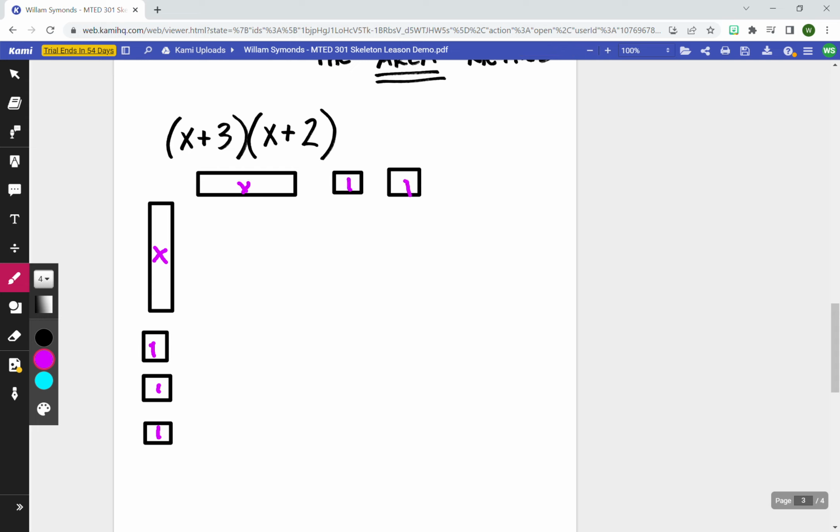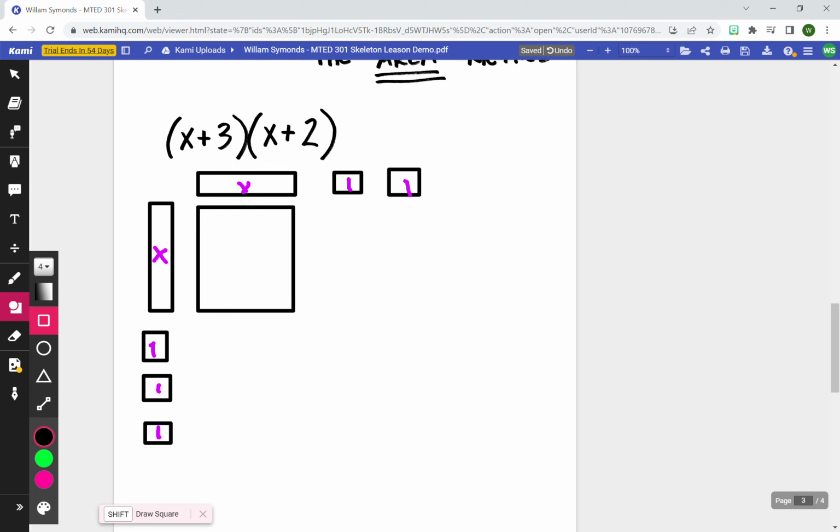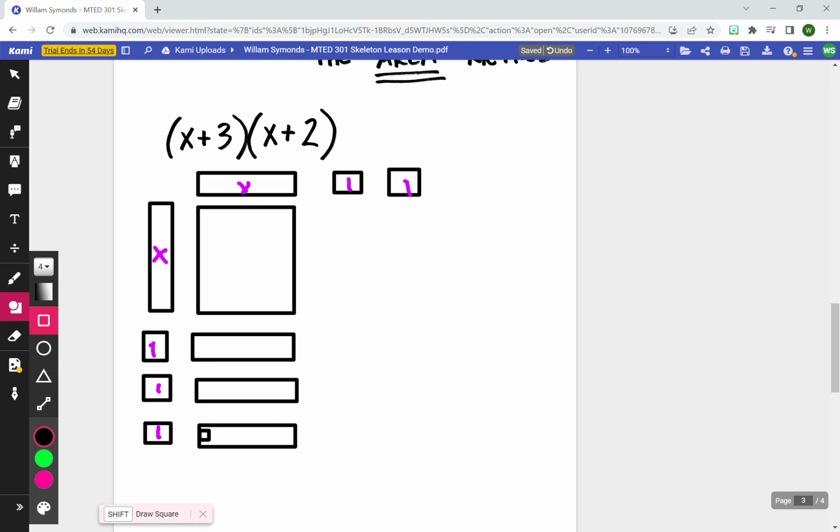And we can multiply these rectangles and squares. An x times an x would give us, again, an x squared. X times 1 would give us x. X times 1 would give us x. That would be the same right here as well. And if we move across to the right, we have x times 1, x, and that would be the same right here as well.